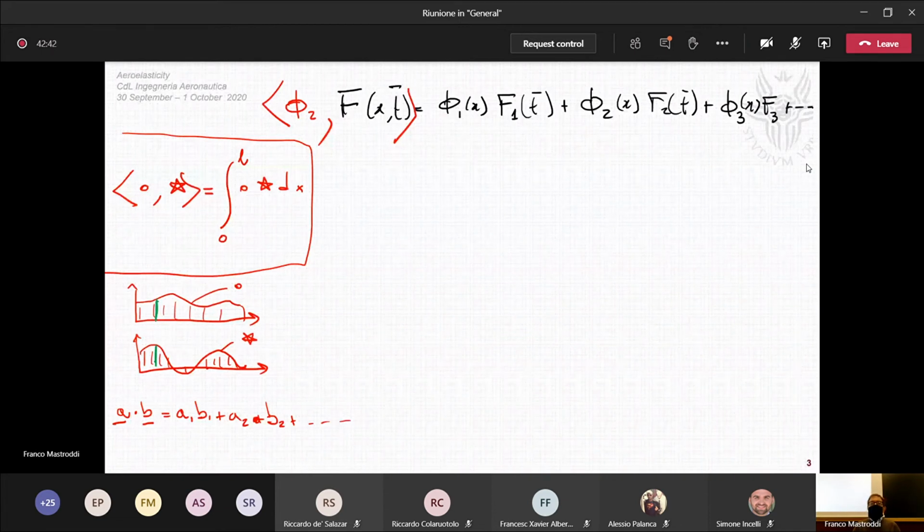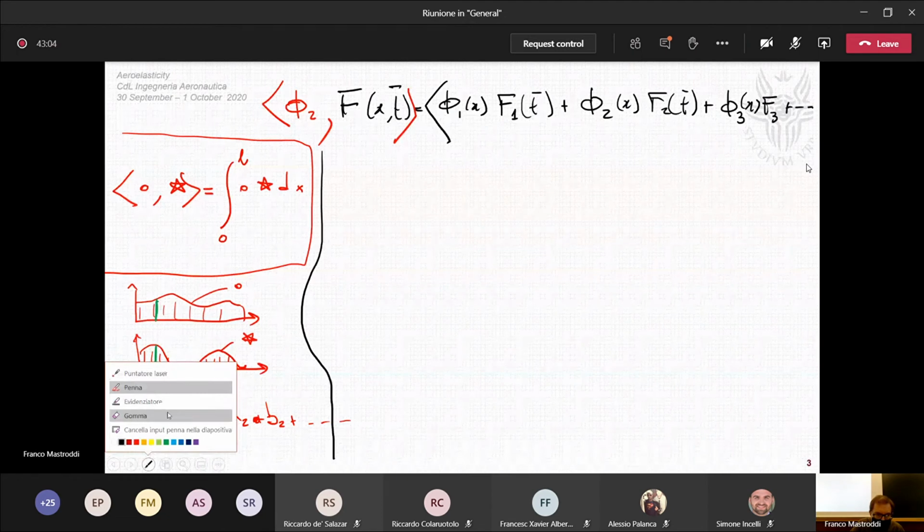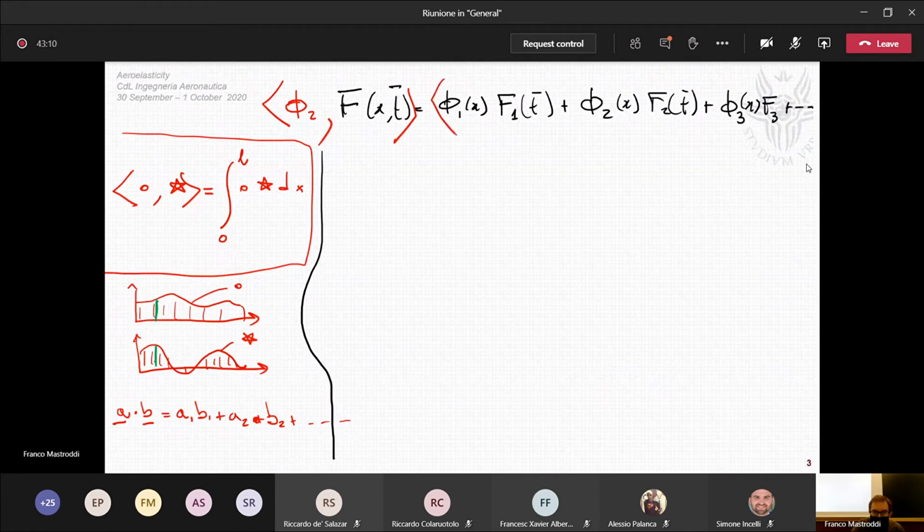Okay? So, go back to our problem. Here, we have this function, and we are taking the dot product, the inner product, of all this quantity by phi2. Okay? Of course, I have an identical definition for orthogonal functions.